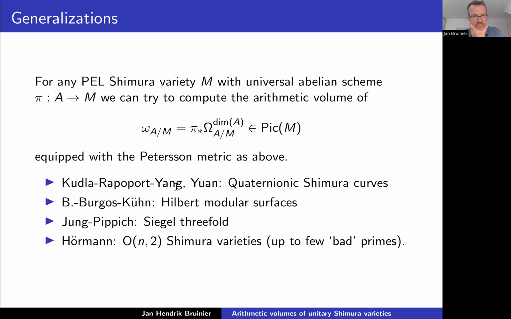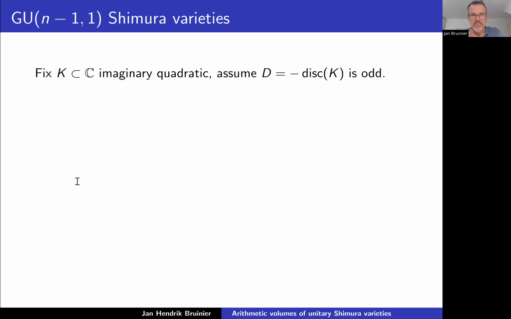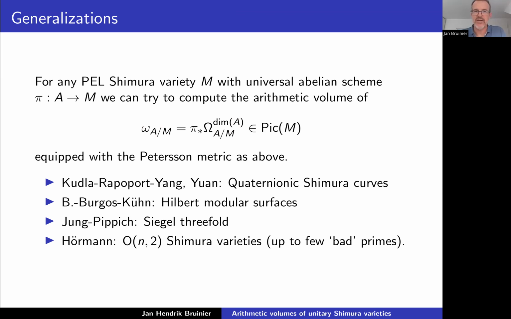So here I listed a few cases where work was done. So for instance, instead of looking at modular curves, one can look at quaternionic Shimura curves. That was done by Kudla-Rapoport and Yang for Shimura curves over Q, and more recently by Yuan for Shimura curves over arbitrary totally real base fields.